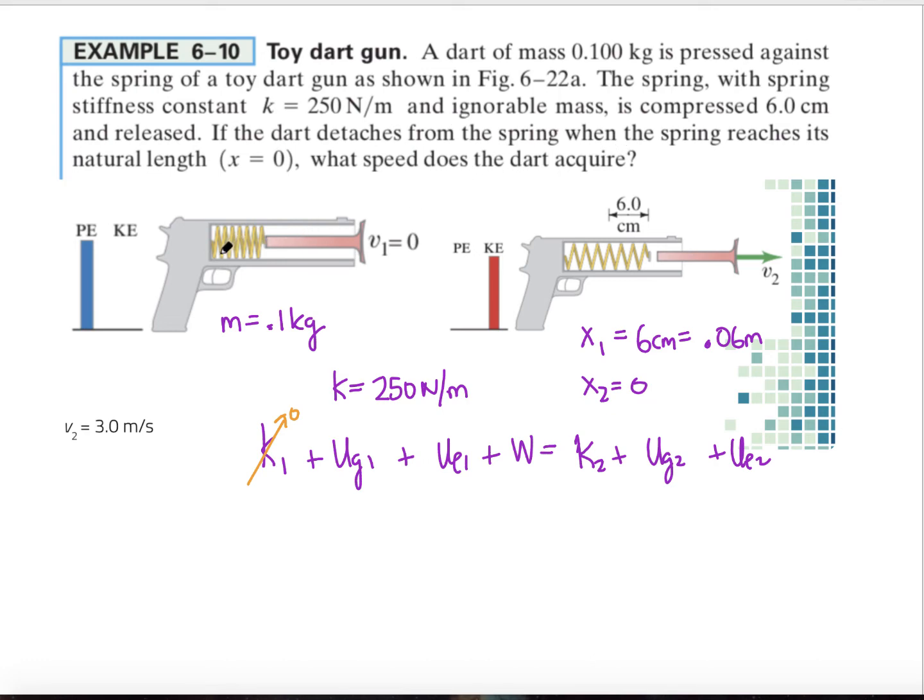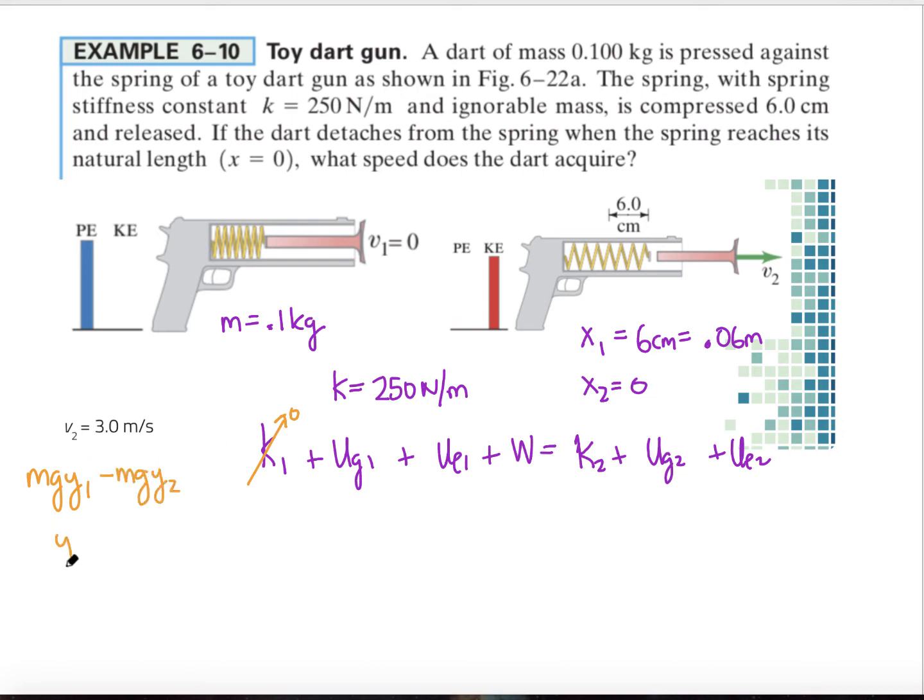If we launch our dart horizontally, then our height is not going to change. UG1 and UG2 are both mg times y, so we'll say mgy1, and then mgy2.